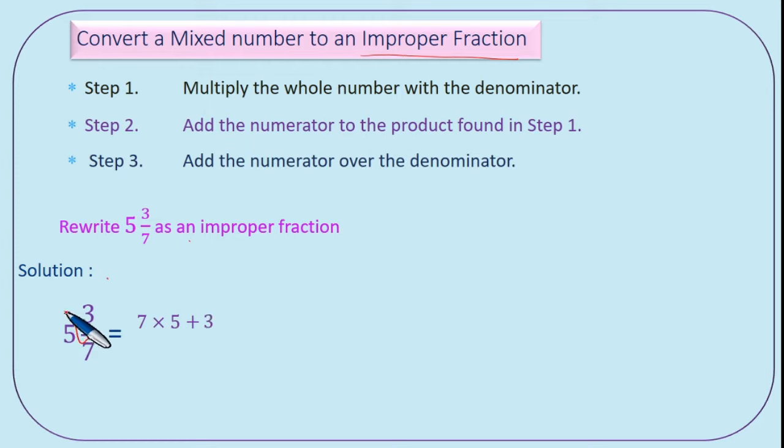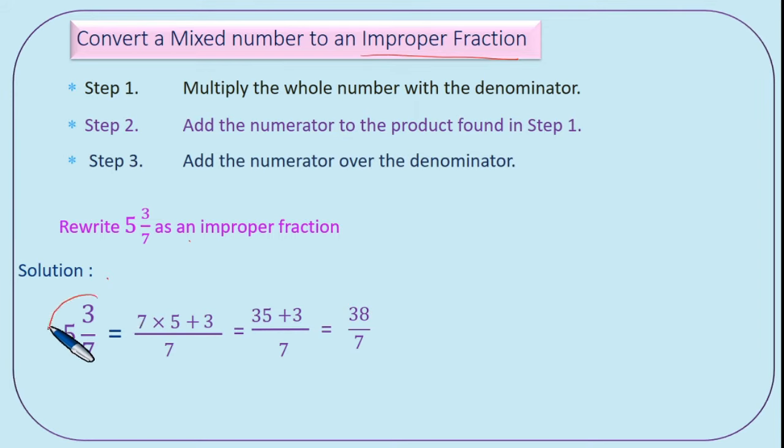So in the numerator you multiply the whole number and the denominator, that is 7 times 5, plus the numerator, over the denominator, which stays the same, 7. Now simplify: 7 times 5 is equal to 35, plus 3, over 7. 35 plus 3 is 38 over 7. This is an improper fraction.